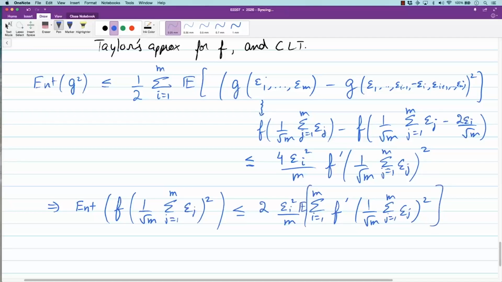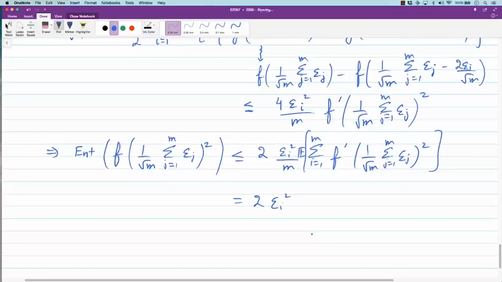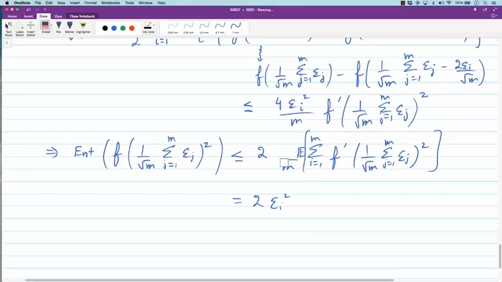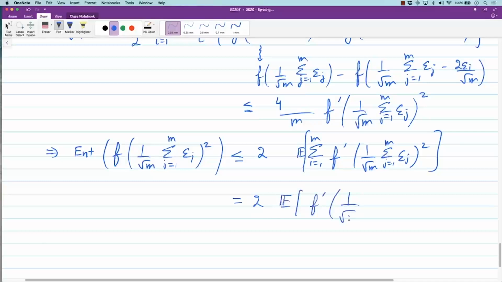Now there is no dependence on i here, so this is just exactly equal to 2 epsilon i square. The epsilon i's are plus minus 1, so this is just 1 by m, this is just 4 by m, so this is just 2 times the expected value of f prime of 1 by root m summation j equal to 1 to m epsilon j, squared.